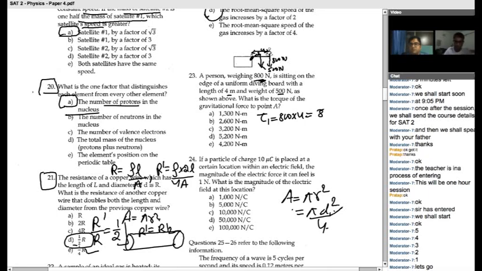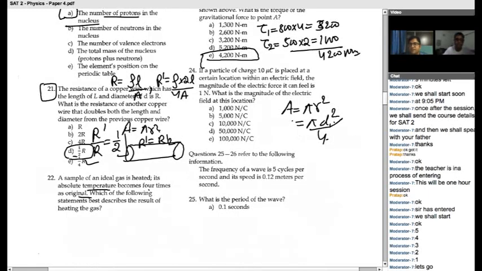Because of 500 Newton, it will act from its center of mass, which is 2 meters away. The total torque is 4200 Newton meter. That is the answer, the net torque.